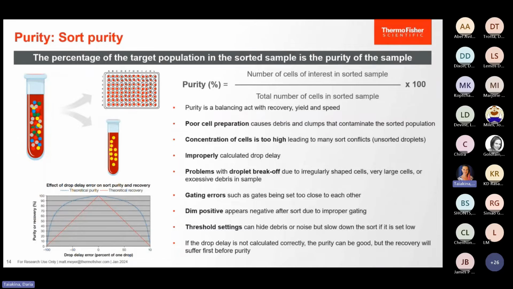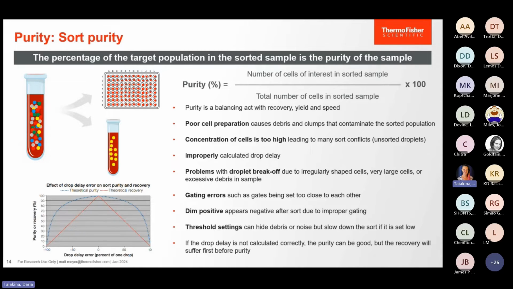Then things like concentration, where you have too many sort conflicts, you may want to dilute your sample or change the flow rates. Things like that can help optimize your purity for particular types of cells.